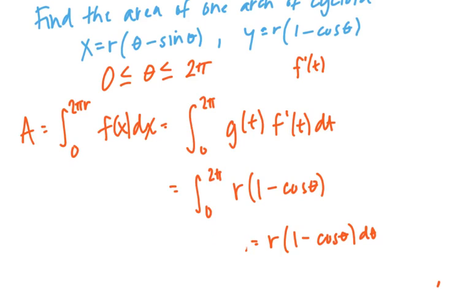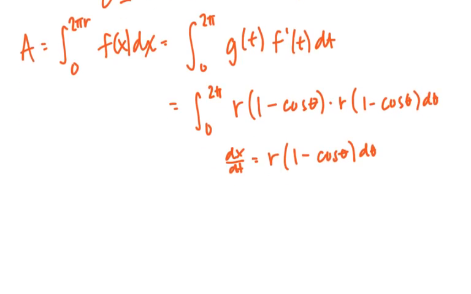We could say dx over dt, that may make more sense. And then we have d theta, because by chain rule it's the derivative of theta. So then we have here times r times 1 minus cosine theta d theta. So now we can say the integration from 0 to 2 pi.